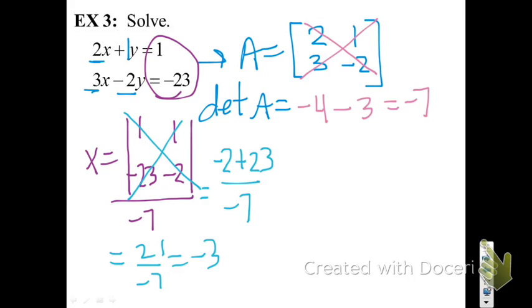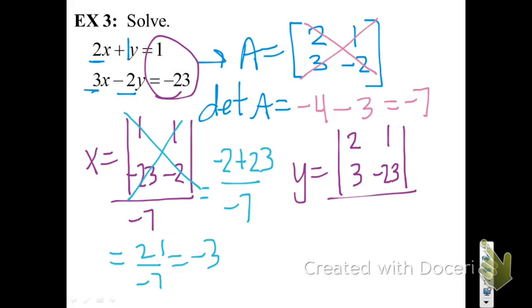We do the same idea to find y. So y equals, because we're finding y, we change the y column, but we leave this other column alone. You notice that goes right there. And we're going to divide that by the determinant of A, which is negative 7.